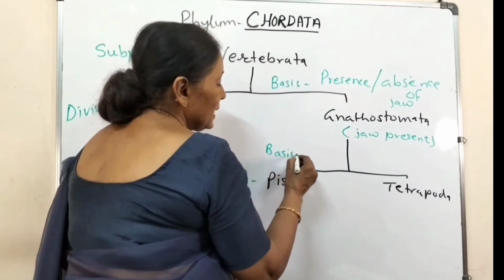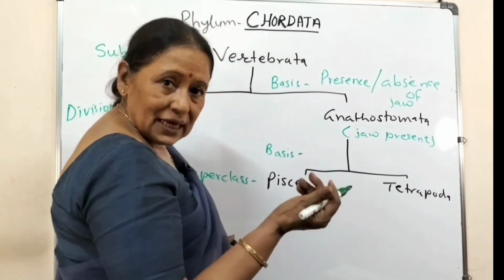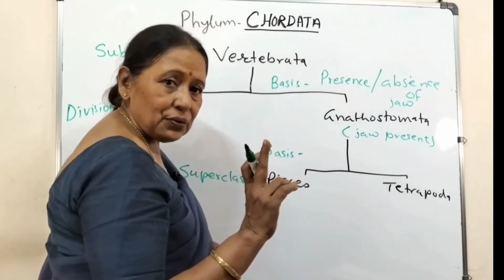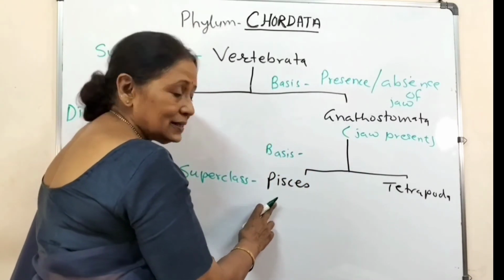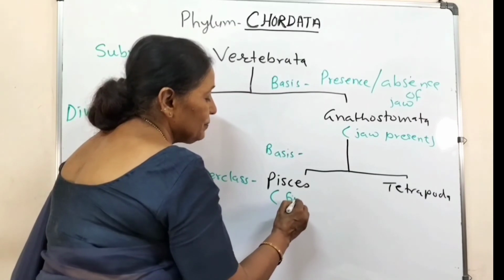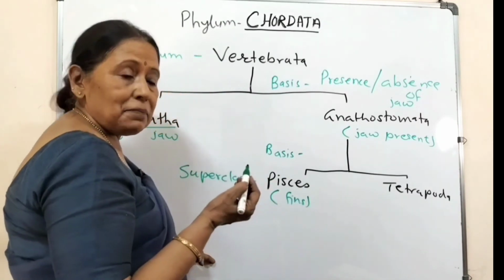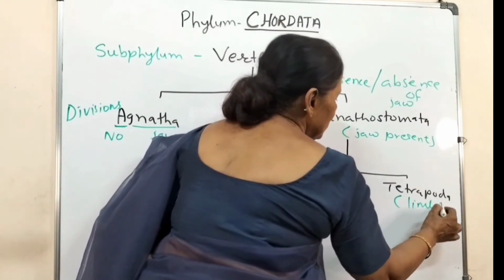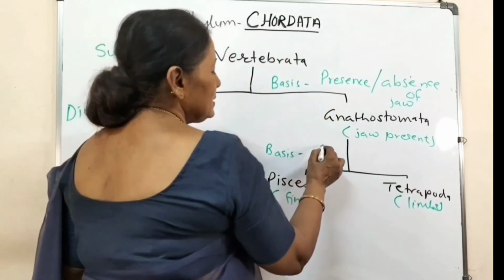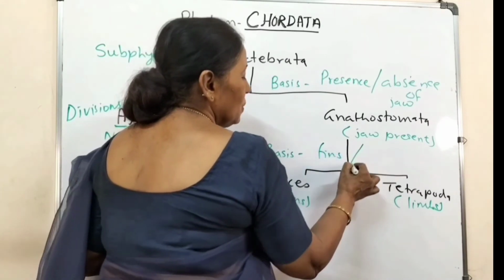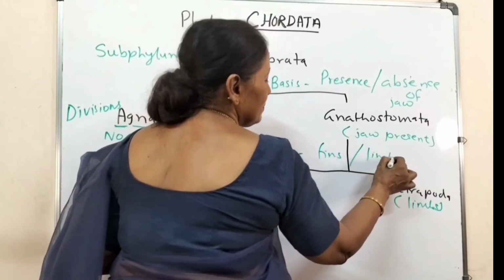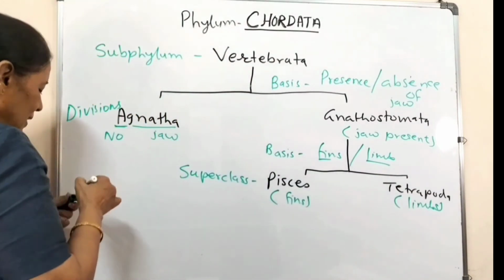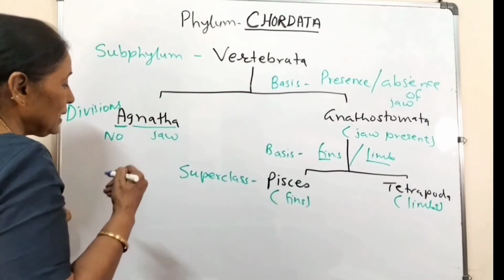The basis of classification is whether fins are present or limbs are present. If fins are present for locomotion, then they come under Pisces. And if limbs are present for locomotion, then they come under Tetrapoda. So the basis is presence of fin or limb. Now Agnatha is not classified into superclass.